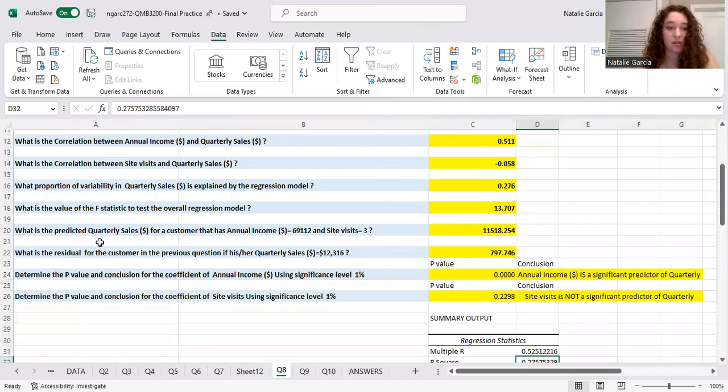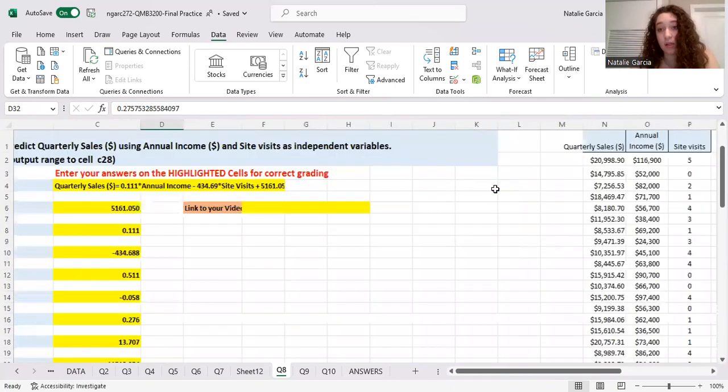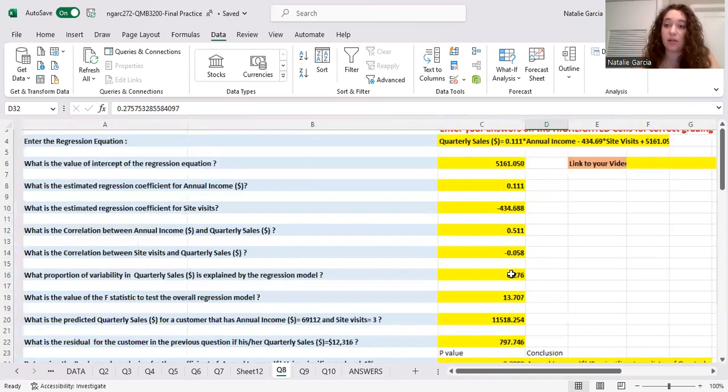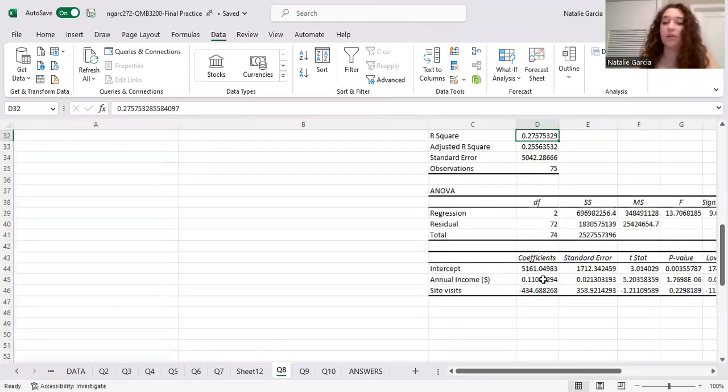After that, it is the predicted quarterly sales for a customer that has annual income of $69,100 and site visits of 3. This is a plug and chug like question. You just follow the formula. So equals 0.11 times annual income minus 434.69 times site visits plus your intercept. How I usually do it is I click directly from the summary, so I'm not rounding.